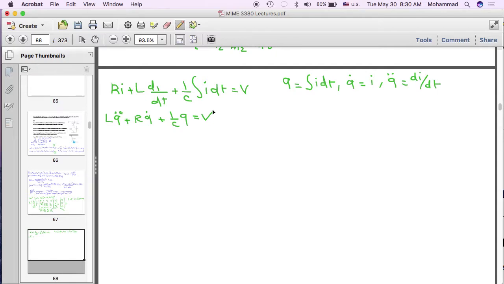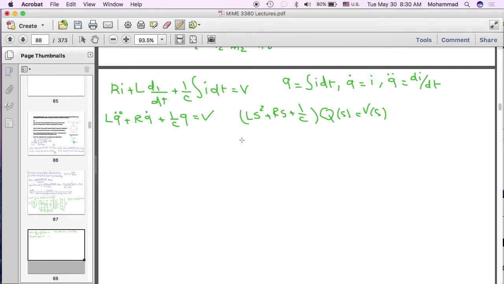Now, in order to find the transfer function between Q and V, we need to take this equation into the Laplace domain, which will give you L s squared plus R s plus 1 over C, which together gets multiplied by Q of s, and that is equal to V of s.